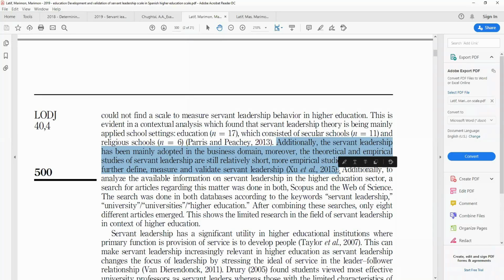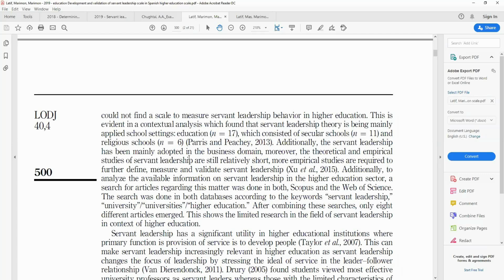So I read Zhu's paper, and in that paper there was this statement: additionally, servant leadership has been mainly adopted in the business domain. Moreover, the theoretical and empirical studies of servant leadership are still relatively short. More empirical studies are required to further define, measure, and validate servant leadership.